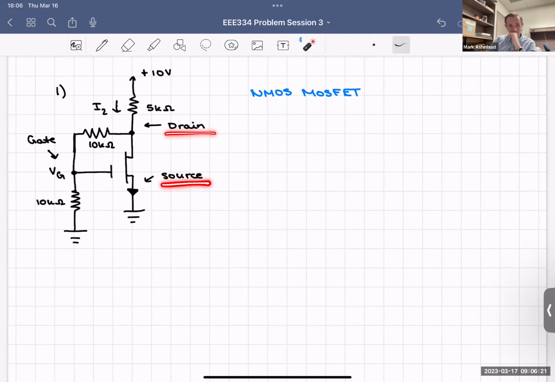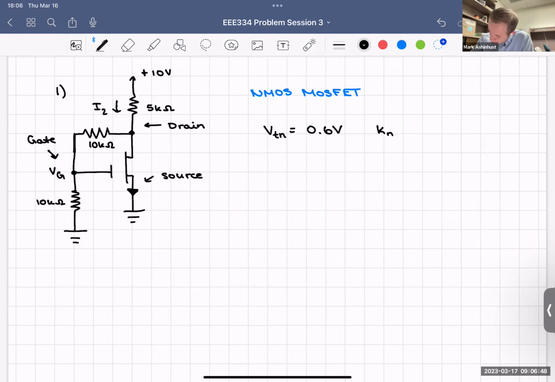So drain, source, and then lastly our gate. Going back, now I'm going to define two things for you: our threshold voltage and our transconductance parameter. Our threshold voltage, which I'll call VTN because we're using an NMOS, is 0.6 volts, 600 millivolts, and our KN is 0.4 milliamps per volt squared.